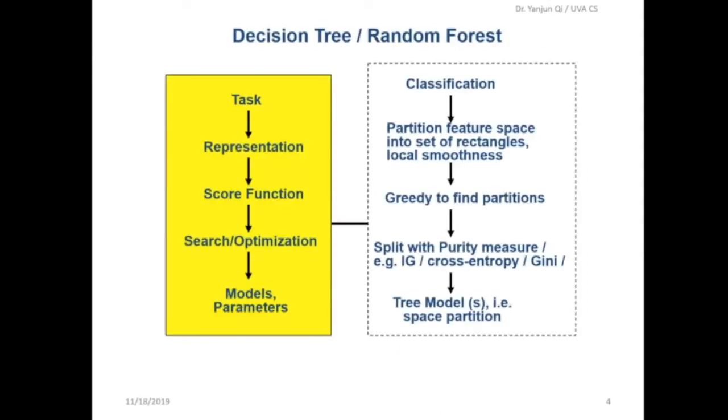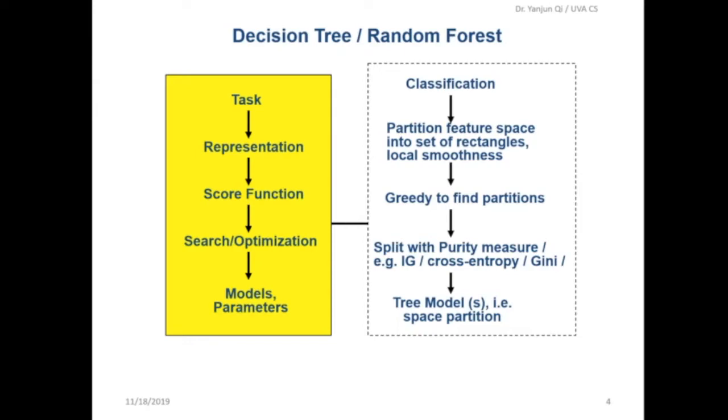In a nutshell, what we cover about decision trees is mostly for classification, and the fundamental idea is to partition the feature space into sets of rectangles, and then use this intuition, this assumption of local smoothness, to perform the prediction. In terms of learning the model, it mostly relies on a greedy search strategy. It has various kinds of measures to figure out how to build a tree.